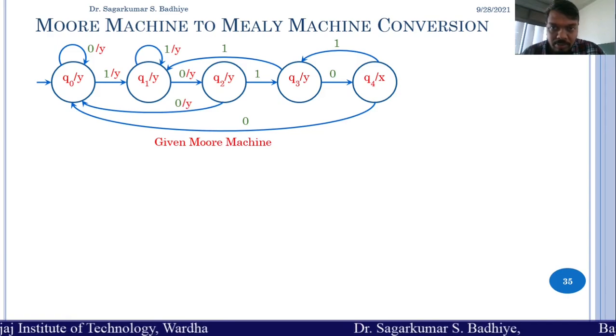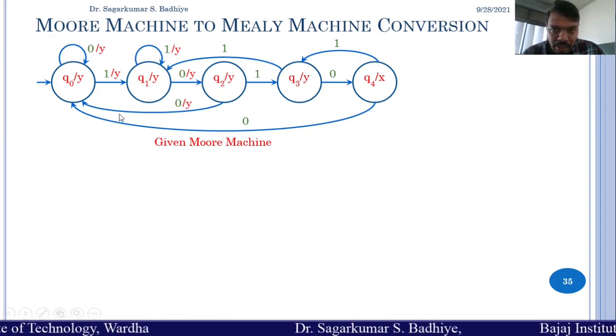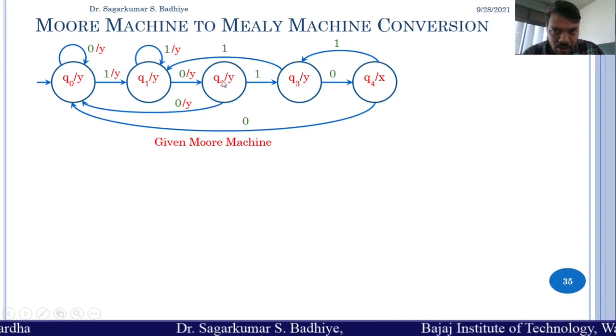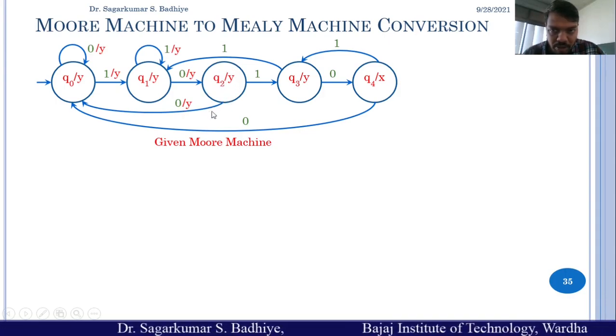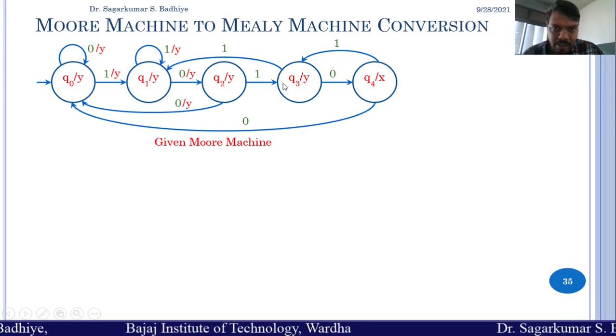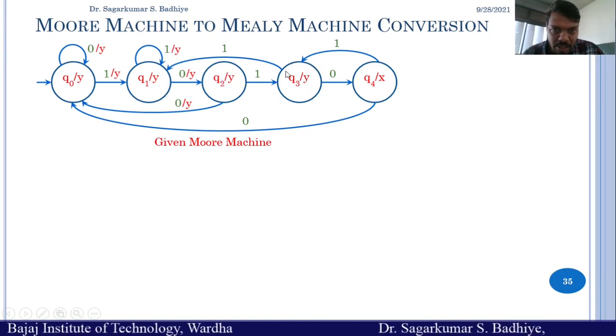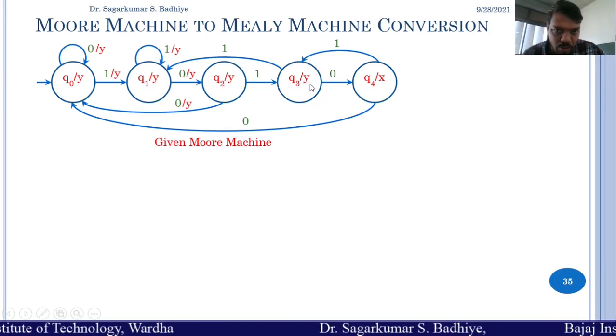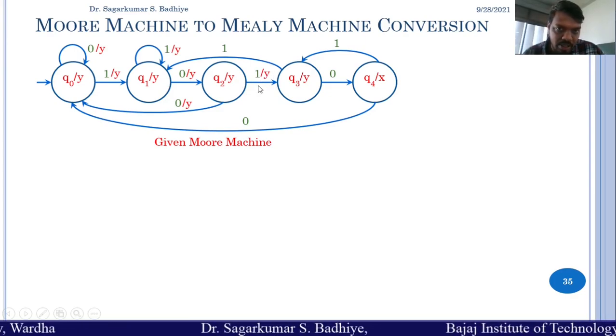Same way from q2 the next input is 0, and from q2 on getting a 0 it transits to state q0, and q0 is producing an output y, so this transition will produce an output y, right? So from q2 the next input is 1, it is going to state q3 which produces an output y, so we will write that output on this transition, right?